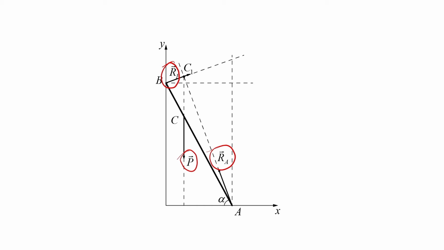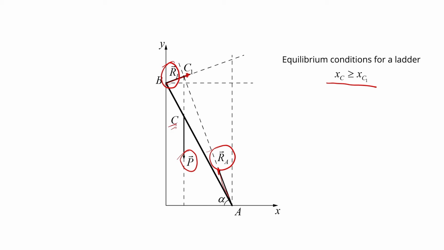In this drawing, we see the ultimate equilibrium condition, at which the reactions RA and RB are directed along the friction cone generators. Thus, we can formulate the equilibrium condition for the ladder as follows: XC is equal to or greater than XC1, where the point C is the point of application of the force P. Let us check this condition geometrically.